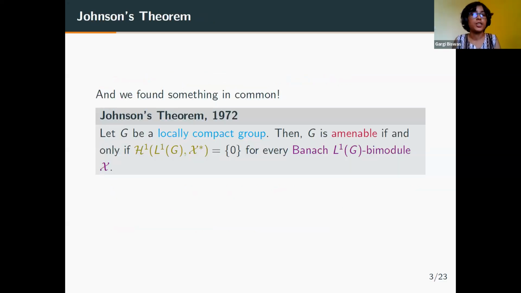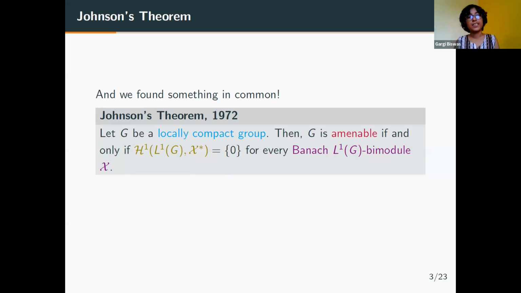Mathematician B.E. Johnson published a monograph in 1972 named Cohomology in Banach Algebras, in which he used homological algebraic tools to prove some theorems in the theory of Banach algebras, and it opened up a whole new field of research in mathematics. And this theorem is actually one of the first theorems that Johnson proved.